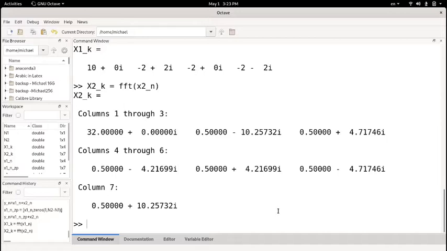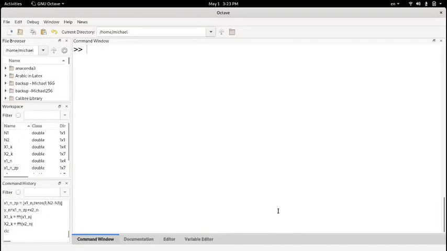So when combining them in time domain, we needed to add zeros to do zero padding for x1 of n, and when computing the DFT, we will compute the DFT of the zero padded sequence. In other words, when computing x1k, I will not use x1n, I will use x1 zero padded, the sequence which has been zero padded and it has a length of 7.